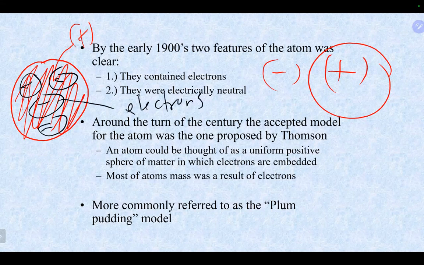One of the main features of the plum pudding model was also the idea that most of the mass of the atom was made up of these electrons. So they felt that most of the mass of the atom was these electrons.